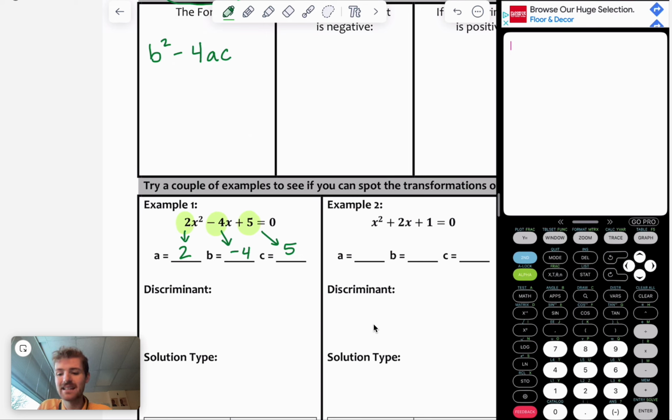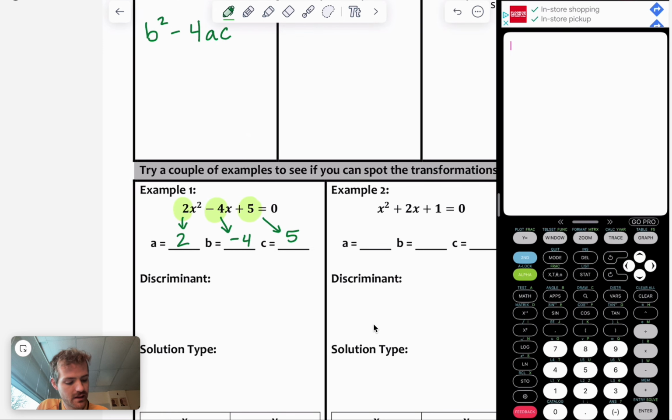Now that we've picked out our a, b, and c, we're going to plug those values into that discriminant formula. So I'll copy it down here just so we can see it again, but that's b squared minus 4ac. When we go to plug in, we ask ourselves, what is our b value? Oh, my b value is -4. So I'm going to swap those out.